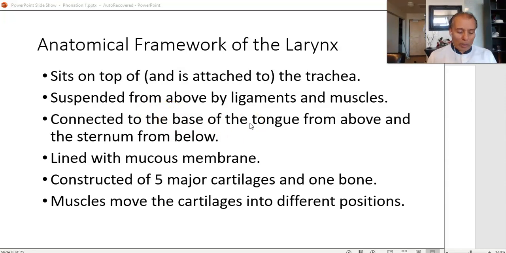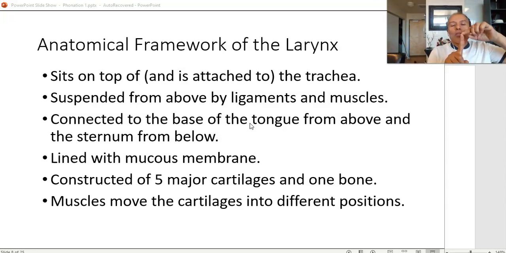So when we study the larynx, we look first at the anatomical structure, first the skeletal framework that holds it together, that gives it the structure that it has. First you have the trachea, and the trachea, as it goes down, has 16 to 19 cartilage rings, and then it goes into the thorax, and it branches off into two branches called bronchi, and each bronchus leads to one lung.